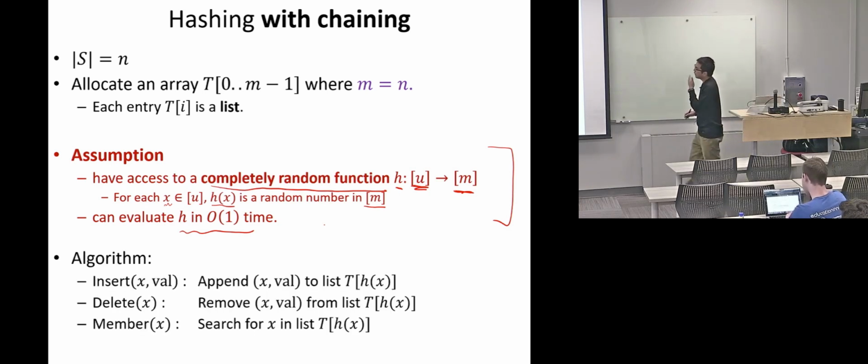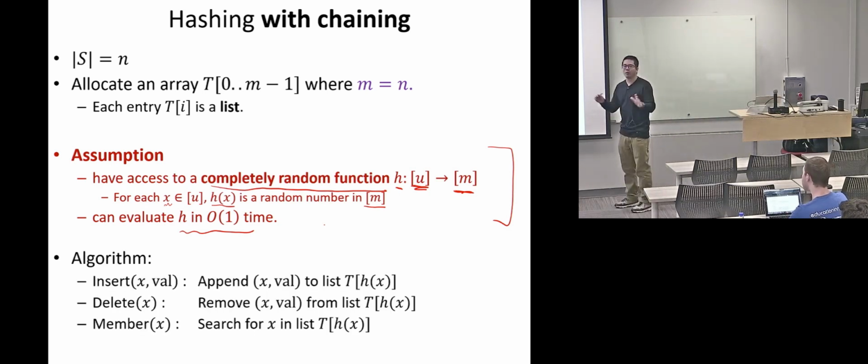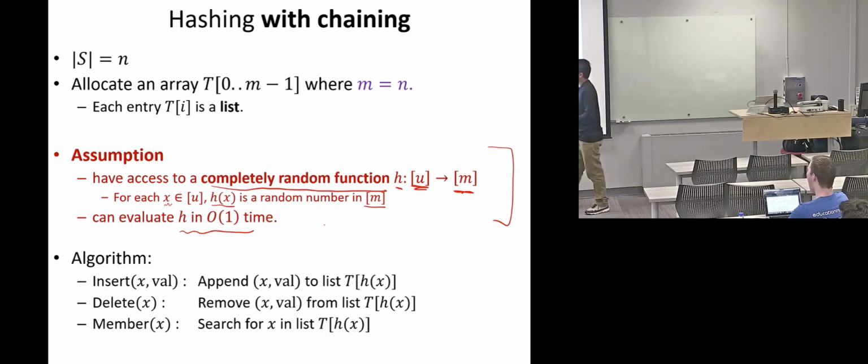But assuming this, there is now a supernatural way to implement the dictionary. Suppose I want to insert element x with the value val, then I just append this value to the list at the random position that h maps x to. If I delete, I just reverse what I did.